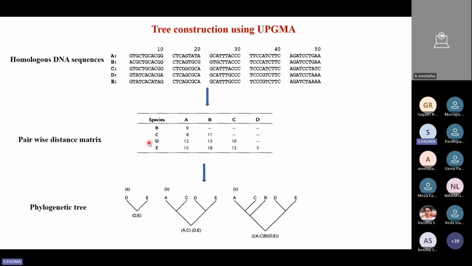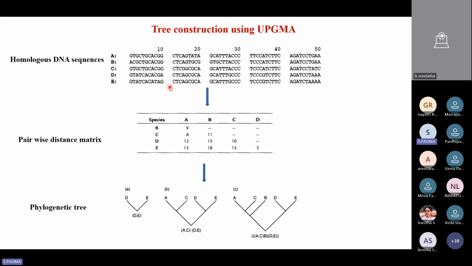For each of these, you are looking at these differences. If you observe this table, you can see which one has the least difference of bases. The least difference of bases is between D and E. This number is 5 here. Why is it 5? Maybe you can spot the 5 differences here. This one is 1, 2 I can see here.